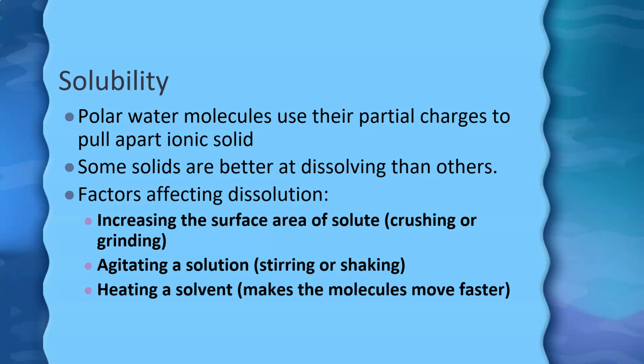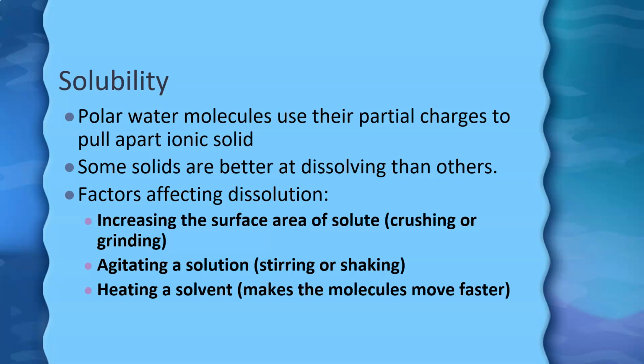So we'll constantly have fresh solvent molecules coming in to wrap up the solute particles and get them out into the solution. So agitating a solution, stirring it or shaking it, is a way of helping it dissolve faster because I'm constantly bringing in fresh solvent molecules to solvate the solute molecules.